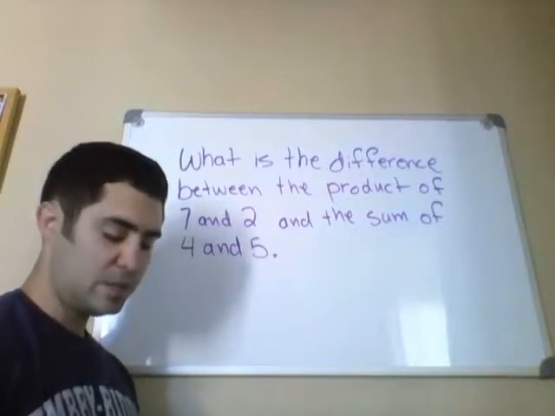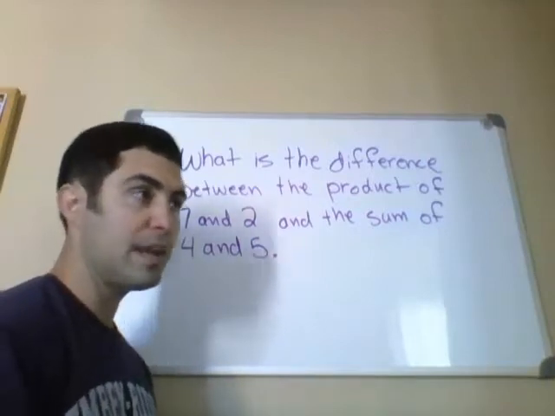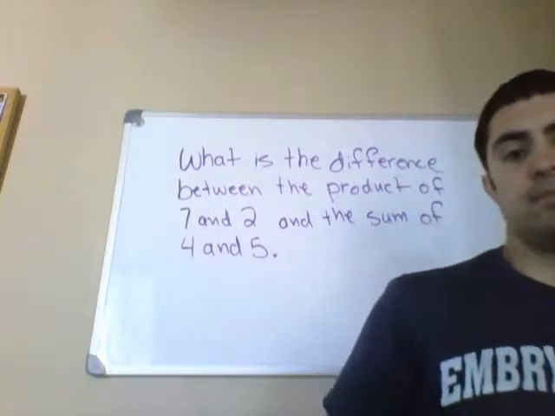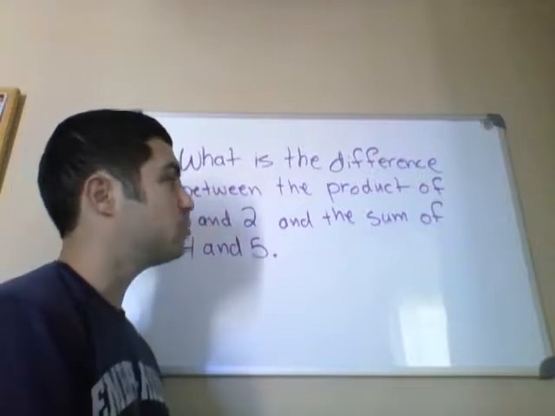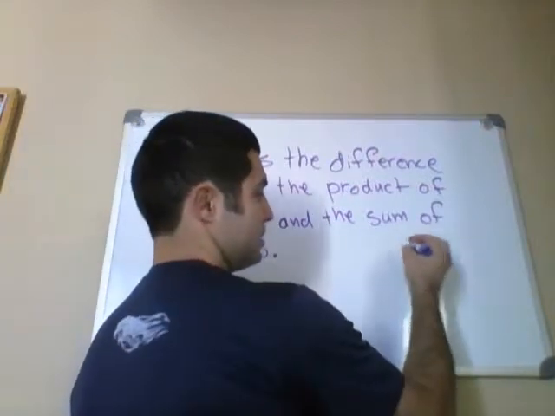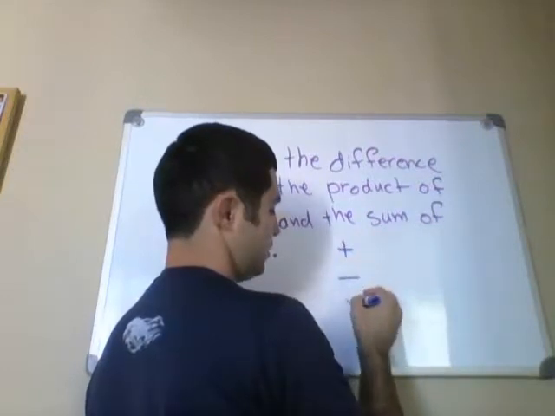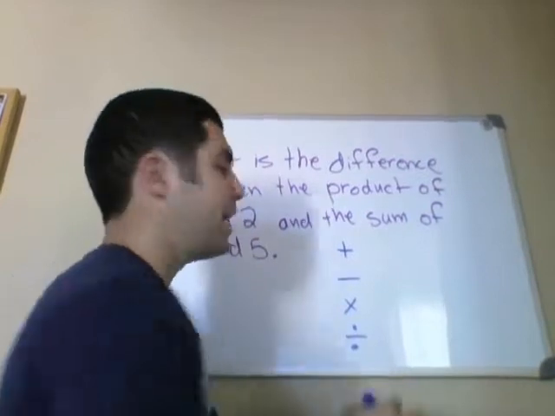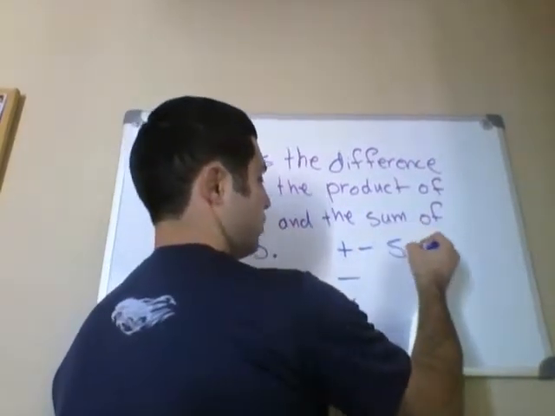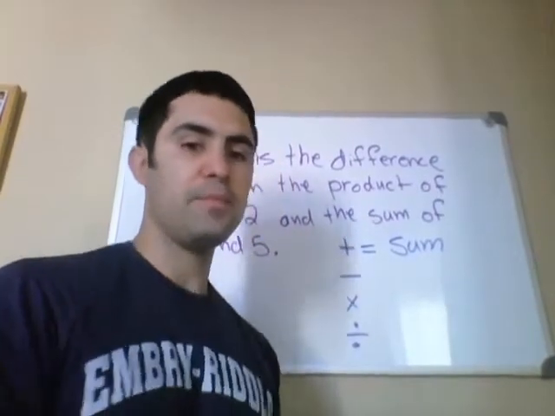So you guys understand we talked about words that have to do with numbers. And so now we need to talk about operations. What do I mean by operations? Let's say add, subtract, multiply, divide. Alright, so when you add two numbers, the word we use is sum. That's the answer to an addition problem.